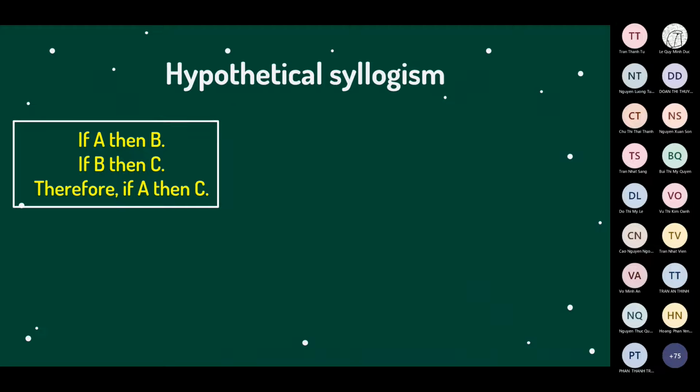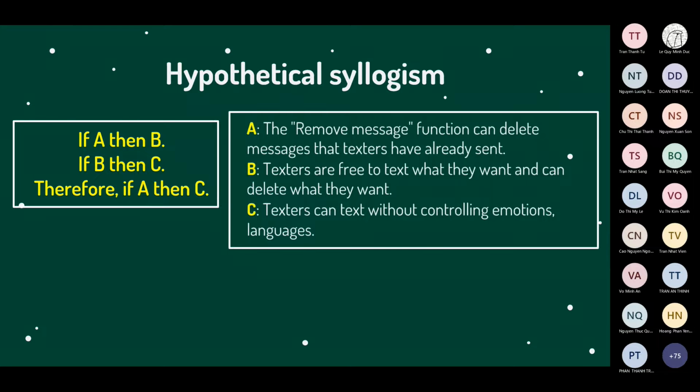We chose A: the remove function can delete the messages that testers have already sent. B: testers are free to say what they want and can delete what they want. C: testers can speak without controlling emotions and language.